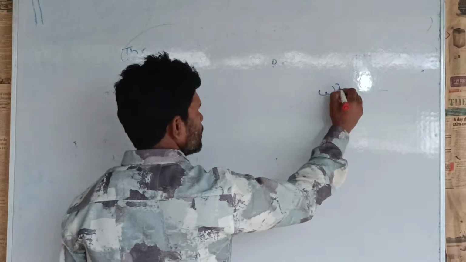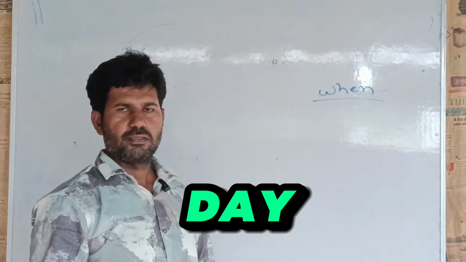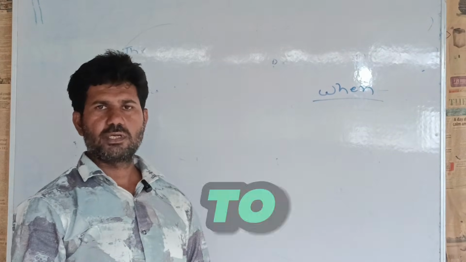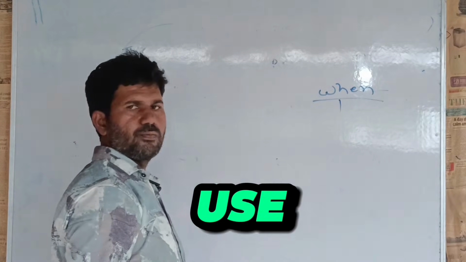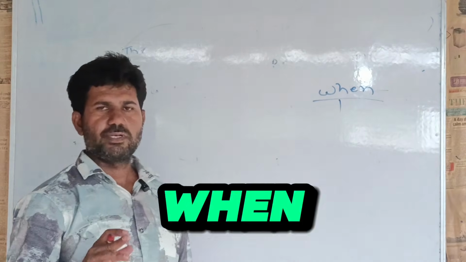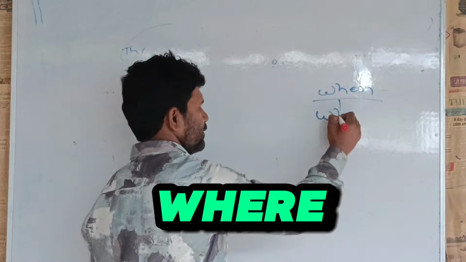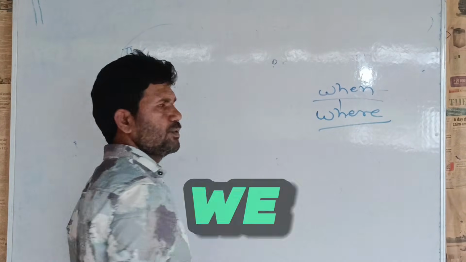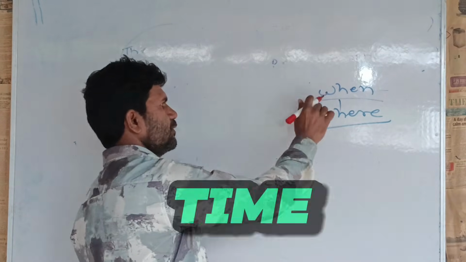When is used for time or a day. When you want to tell the time, then we use when. When you want to tell the place, we use where. We describe place with where and time with when.